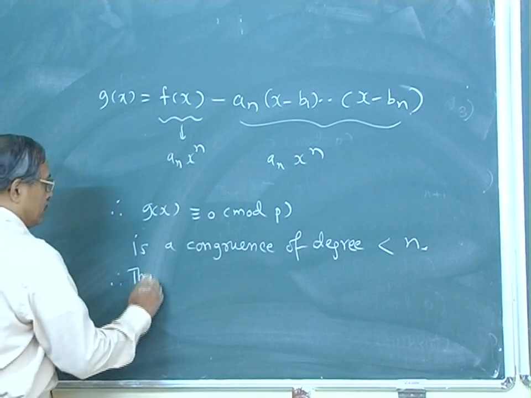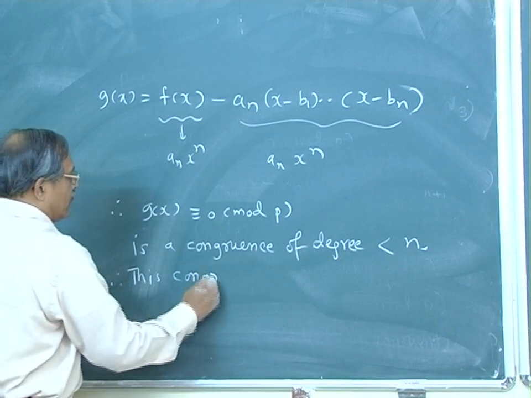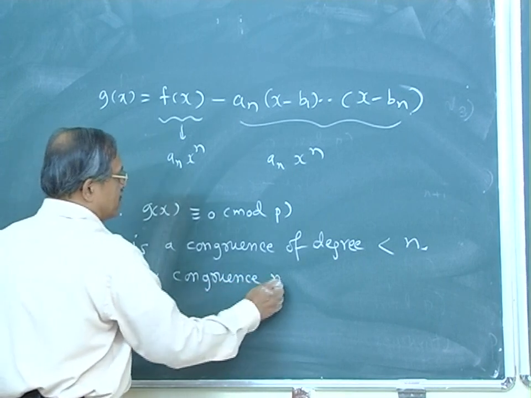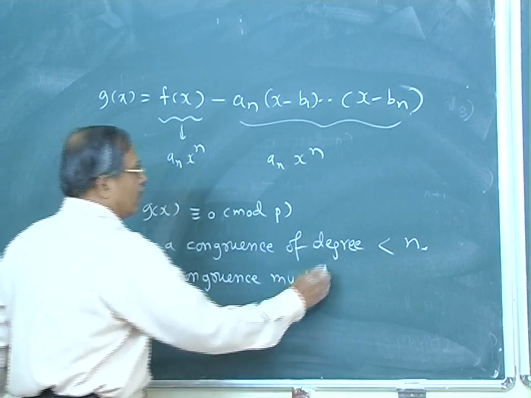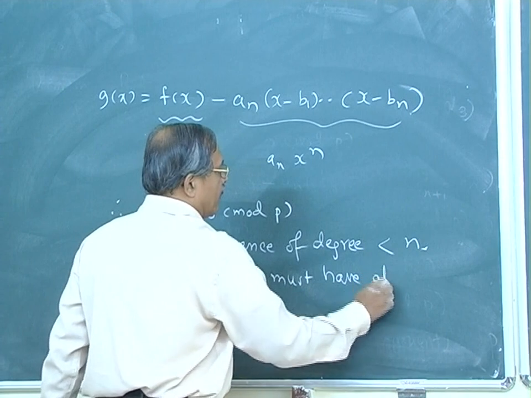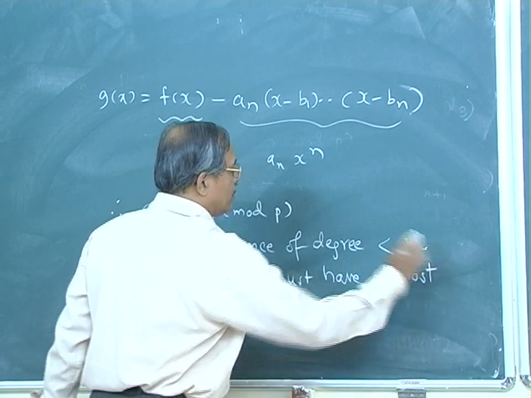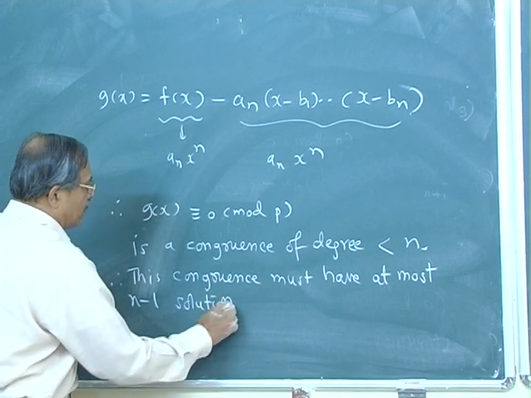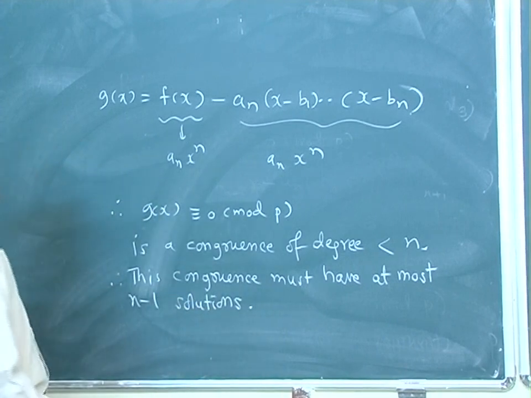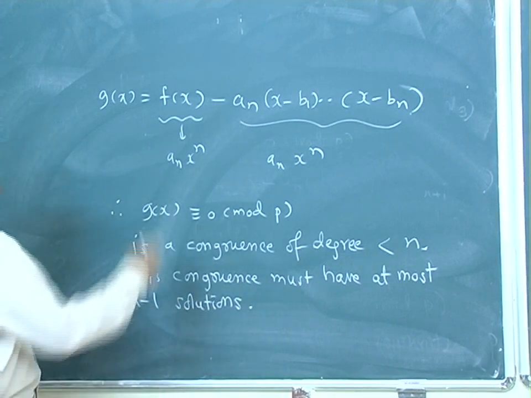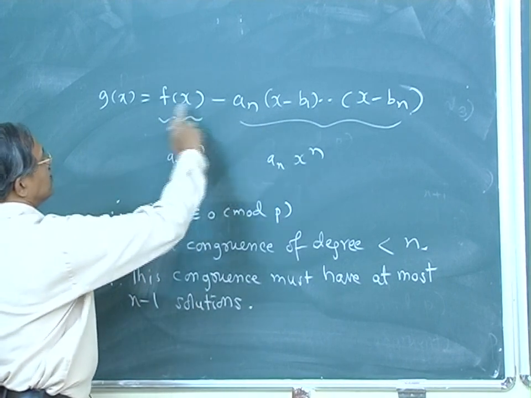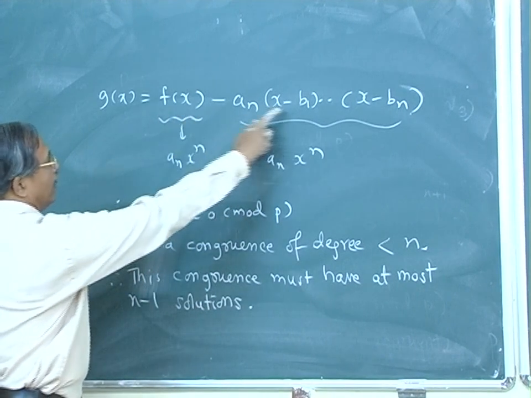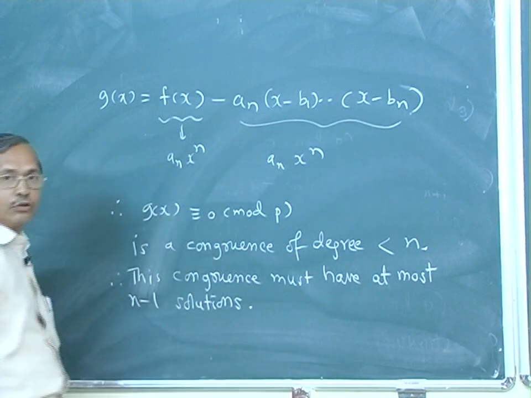Therefore this congruence must have at most n minus 1 solutions. Okay, but already b1, b2, bn are solutions because f(bi) is 0 and here also that's a solution.